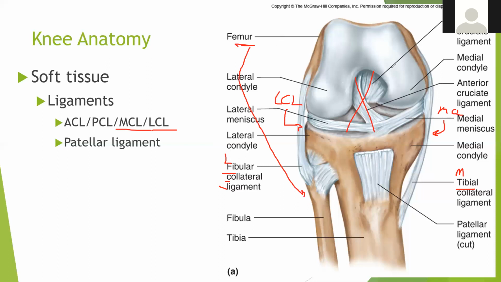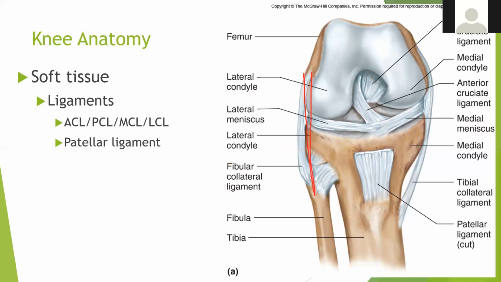On the outside, so lateral means outside, so this is the outside of your leg. It connects your femur or your thigh bone to the fibula, which is the outside bone you have on your lower leg. For the MCL, it connects your femur, or again your thigh bone, to your tibia, which is your shin bone, but it connects it on the inside, so it's the inside of your lower leg.